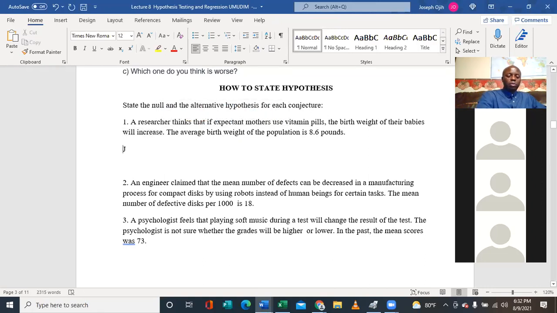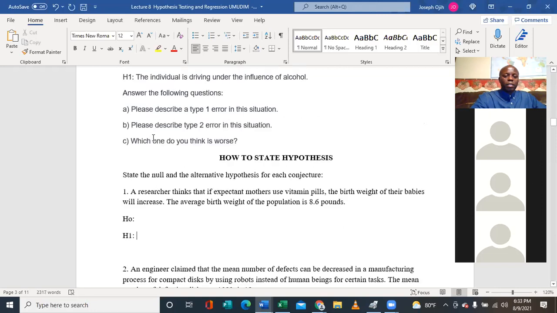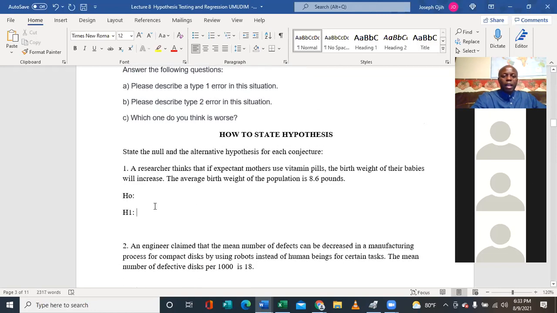So we have our H0 and H1. Increase means greater than, and you can only use the symbol for greater than in the alternative hypothesis.